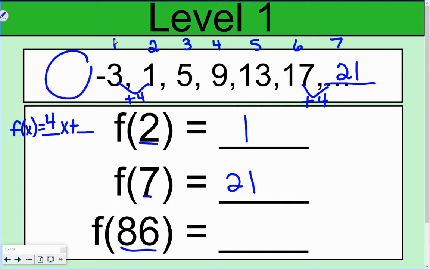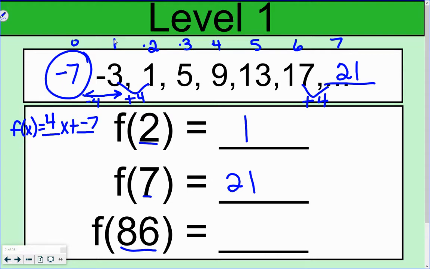What I need is my 0th term. Remember, the 0th term is not a part of the sequence, but it's kind of like a y-intercept. It's saying, if I had a 0 number following my pattern, 0, 1, 2, 3, 4, what would the number be here? Well, if I'm adding 4 going this way, I would subtract 4 going backwards. So -3 minus 4 is -7. So I'm going to put my -7 there.